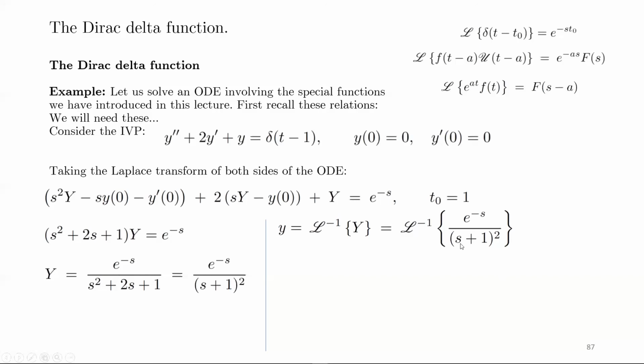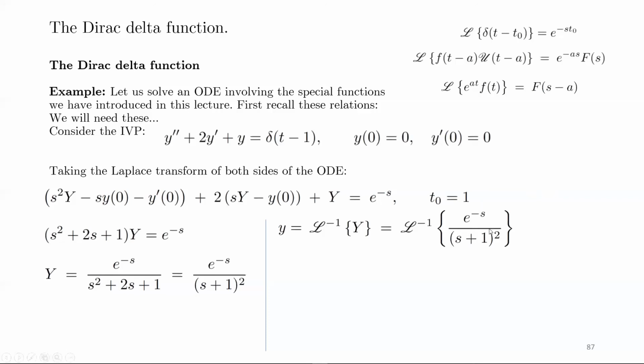But because I have the plus 1 as well, I can use the first translation theorem to multiply my t by exponential of negative t, because this is shifted by negative a, so negative 1. So if I didn't have this exponential of negative s, the inverse Laplace transform would be t times the exponential of negative t.